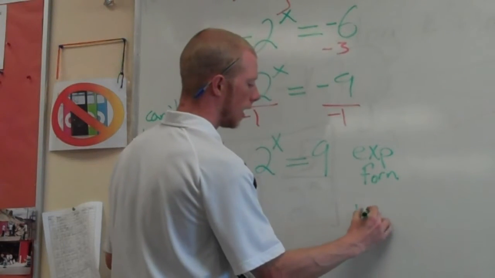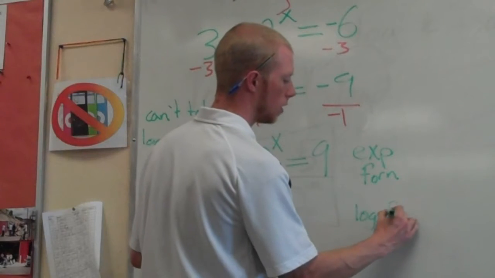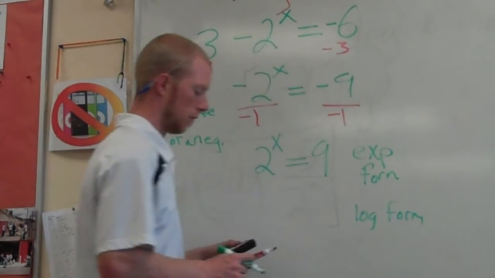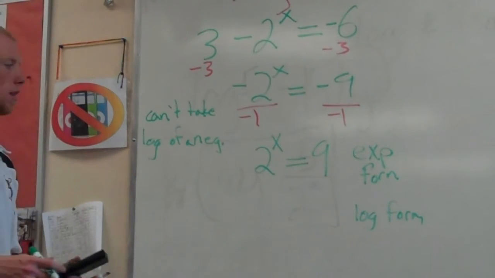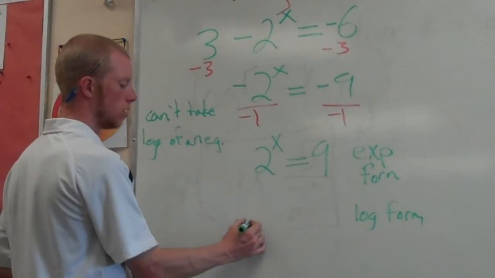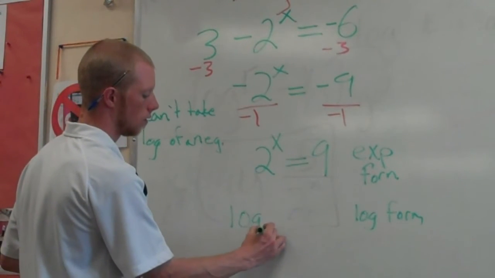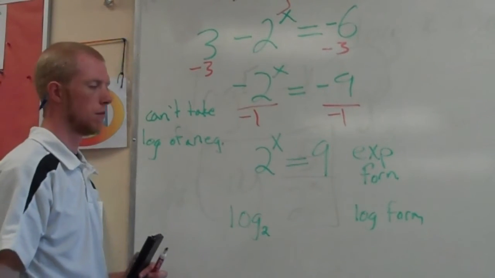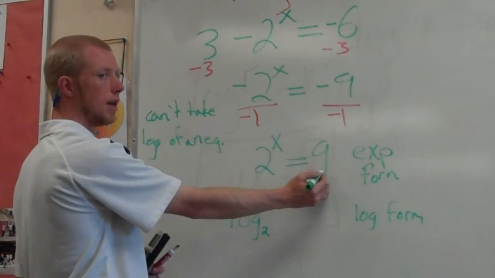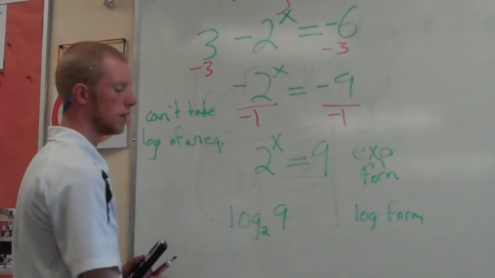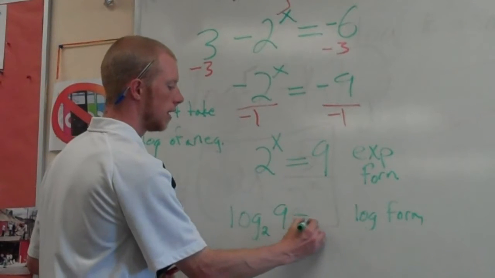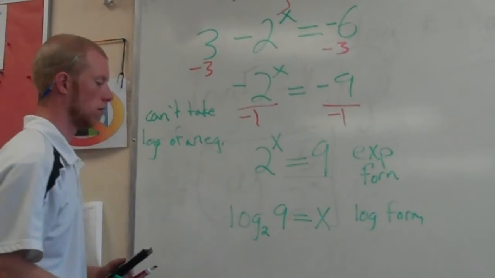We want to rewrite it in logarithmic form by taking the base of the exponential term and making it the base of the logarithmic form. Then take the answer, put it second, and then take the exponent and put it over there.